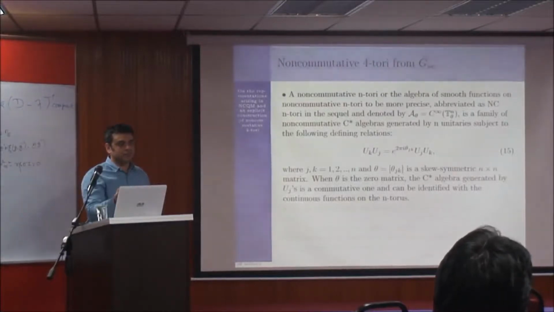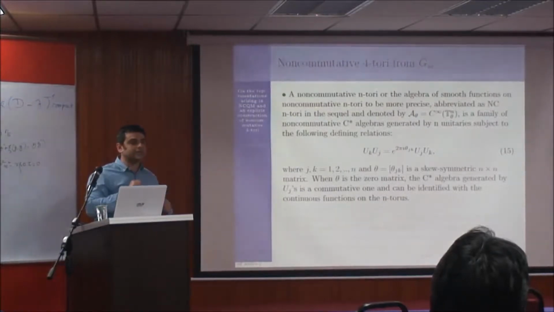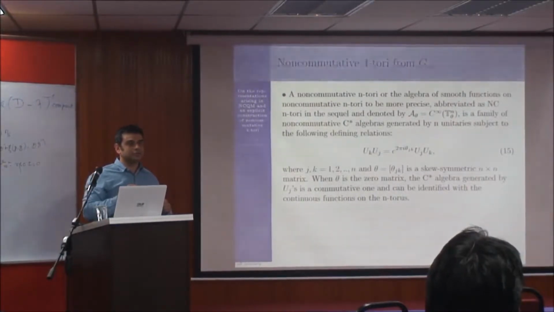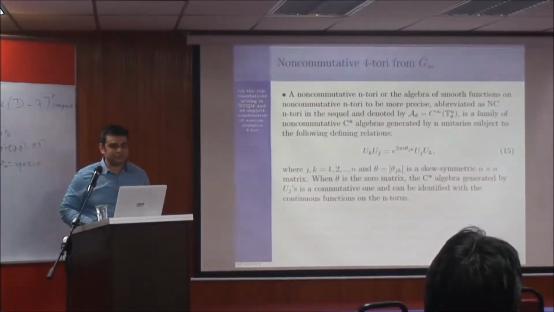The monomials in these U's. And then you form a vector space. That's an infinite dimensional vector space. Yes. That's what I call the C infinity of T n theta. It's a vector space, it's not some class of functions. So this is how it's defined, okay?